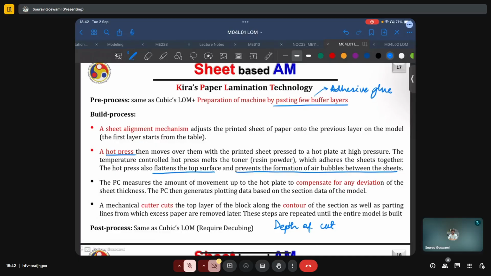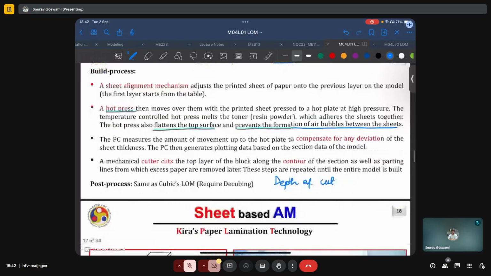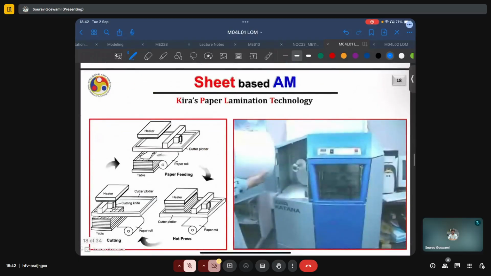On the other hand, if the depth of cut is too low, the separation of the unnecessary region of the current layers will be difficult and it will leave some remnants. So the depth of cut has to be controlled very tightly. The post process is same as cubic slump, which requires decubing.